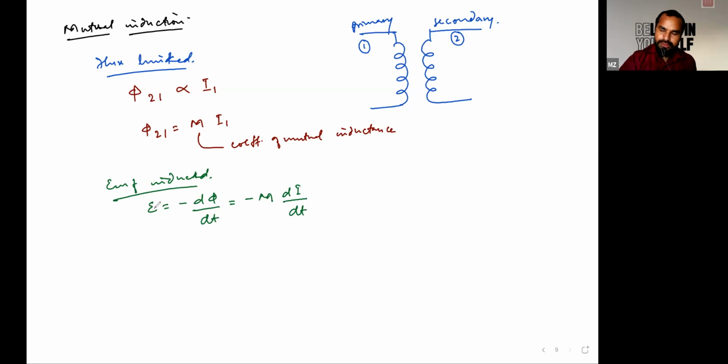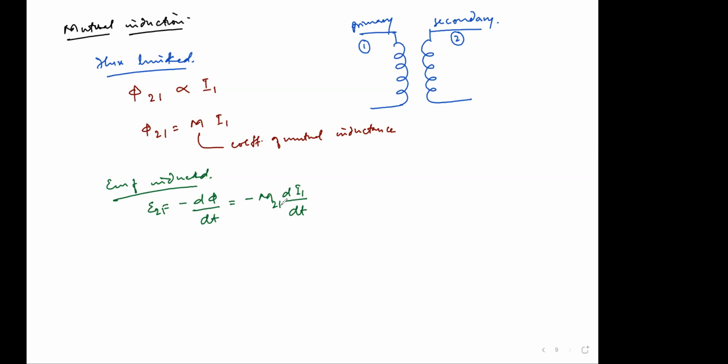So we are just considering EMF induced in the secondary coil due to changing in the primary. So it would be the primary current and the mutual inductance would be of the secondary coil. Is it clear? Yes.